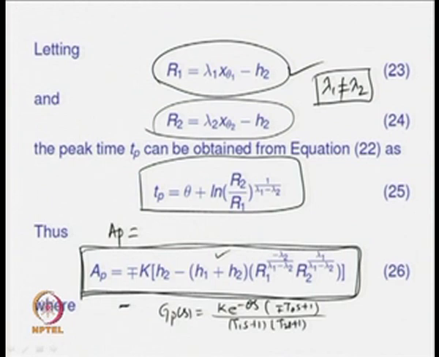So, the negative sign is for this process, whereas the bottom, positive sign is chosen when Ap equals plus k times this term; in that case the T1 s minus 1 will come here. One has to keep in mind this factor. So, using this general expression, it is possible to estimate a second order stable or unstable dynamics.